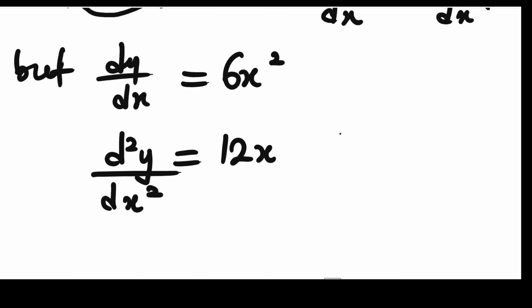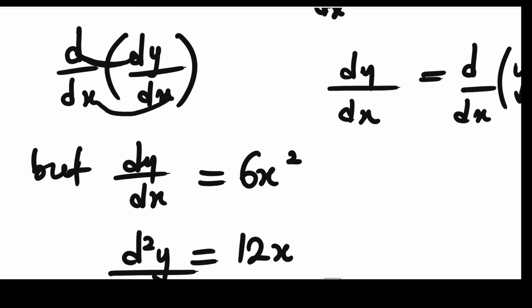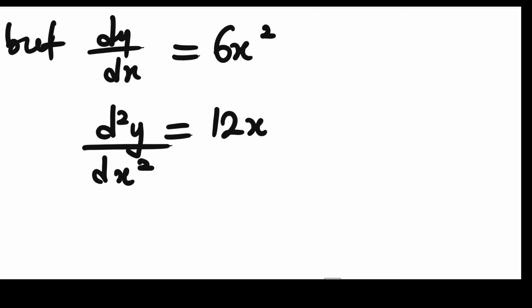Because when you have a term multiplied by itself, it's going to be the term having a power of 2. So x times x will give us x squared. And here we have d times dy, so we are going to get d squared y. So it is pronounced as d squared y over dx squared. So our second derivative is 12x.